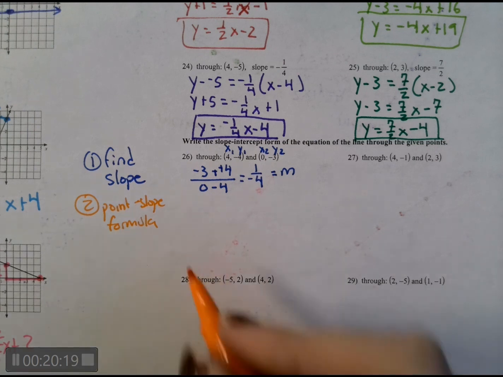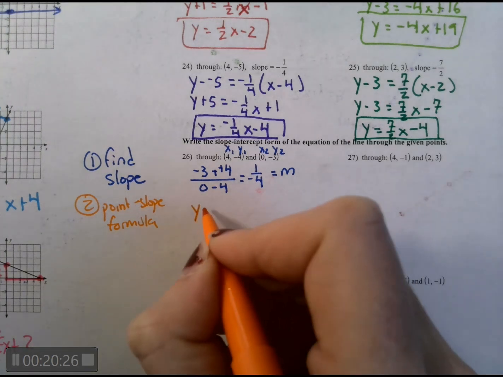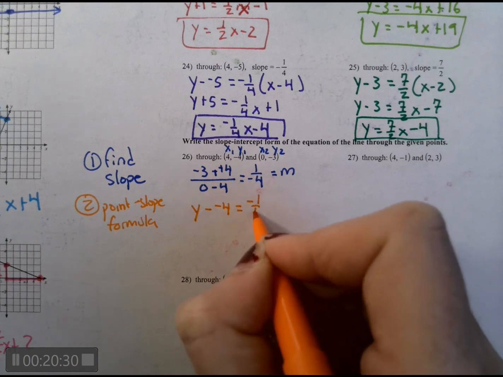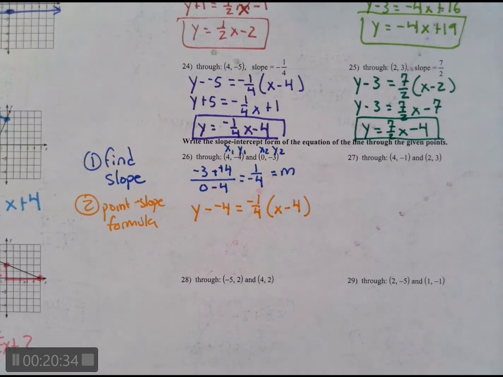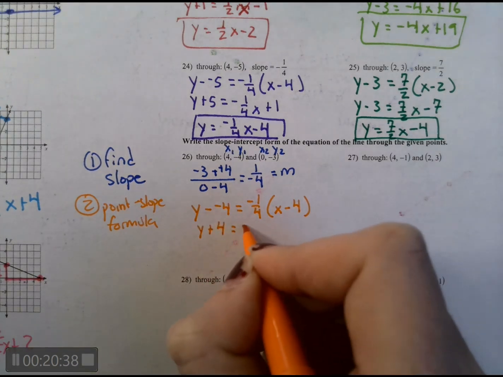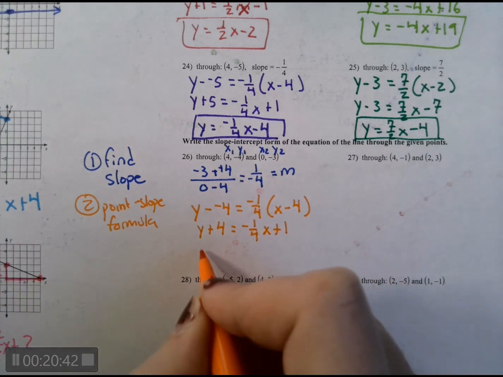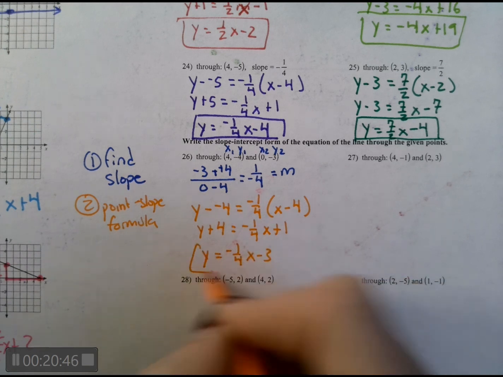So we can put it back into that y minus y1 equals m times x minus x1. So y minus -4 equals -1/4 x minus 4. Okay. Y plus 4 equals -1/4 x plus 1. So y equals -1/4 x minus 3.